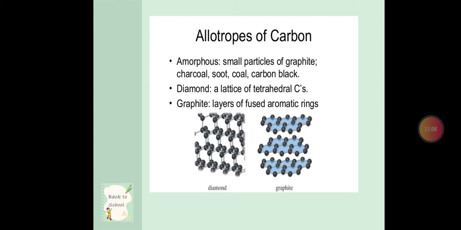Remember, in all these forms, amorphous as well as crystalline, the only difference lies in the arrangement of atoms. The arrangement of carbon atoms is different in all these forms, and the result is a totally different form. This means you cannot replace graphite with diamond, and you cannot replace coal with diamond.